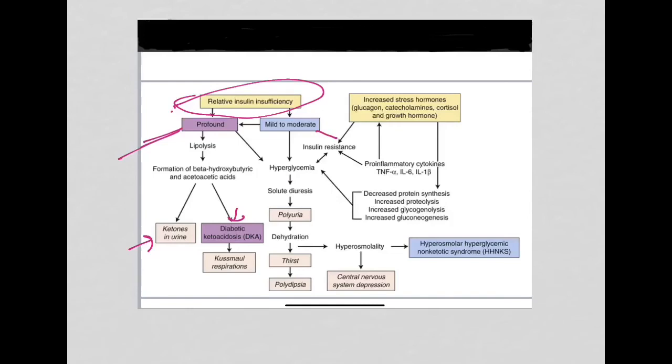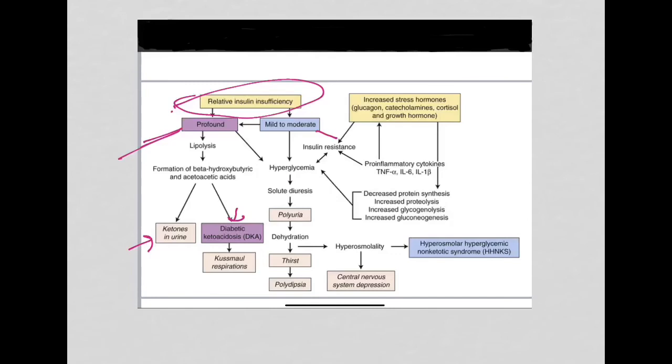We commonly see it in patients that already have other illnesses, or elderly or institutionalized people with diabetes that have a decreased thirst perception, reduced ability to drink water, infection, stroke, where they're unable to get that fluid intake, sometimes an MI. So we think about that lack of perfusion.